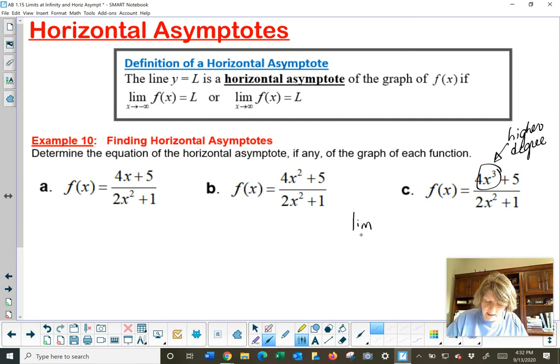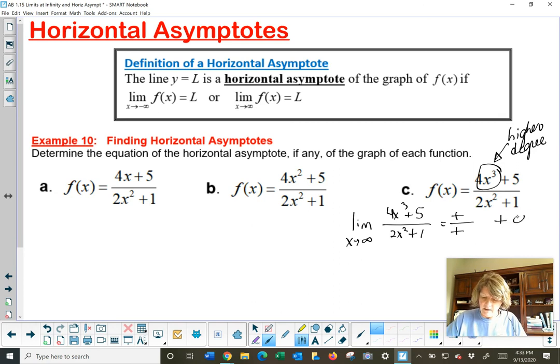So the limit as x goes to positive infinity of 4x cubed plus 5 over 2x squared plus 1 would be positive on top, positive on bottom. So I'm going to get a positive infinity going on. The numerator is dominating.